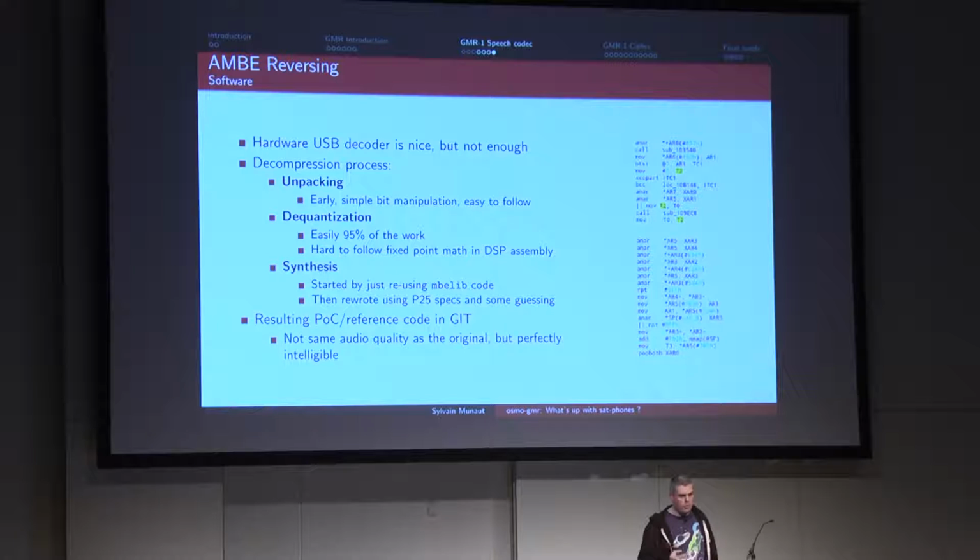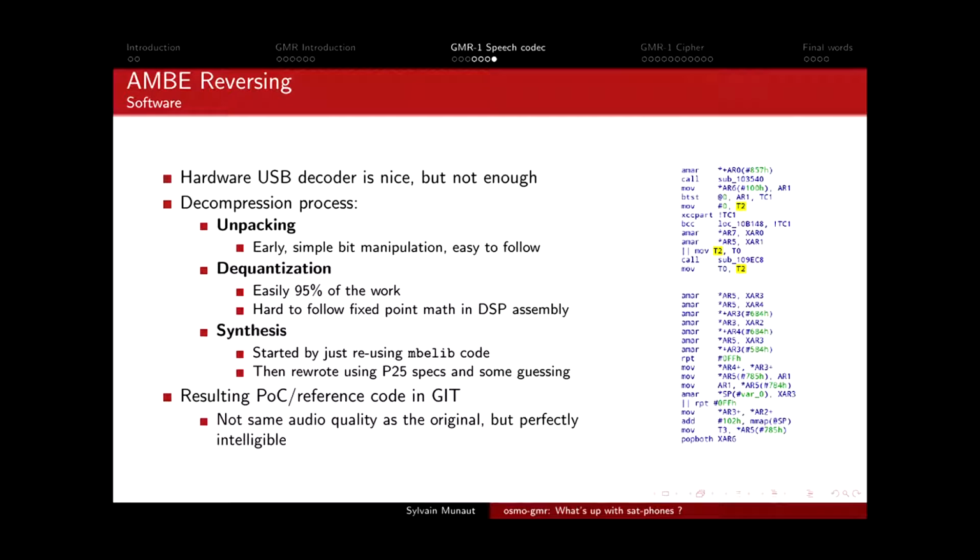After finishing the dequantization, I really didn't want to do the synthesis. So I just assumed that the synthesis step was going to be very similar to the one in P25. So I took the existing MBLA open source code for P25. I ripped the unpacking and dequantization out of it, because that's the one for P25, of course.